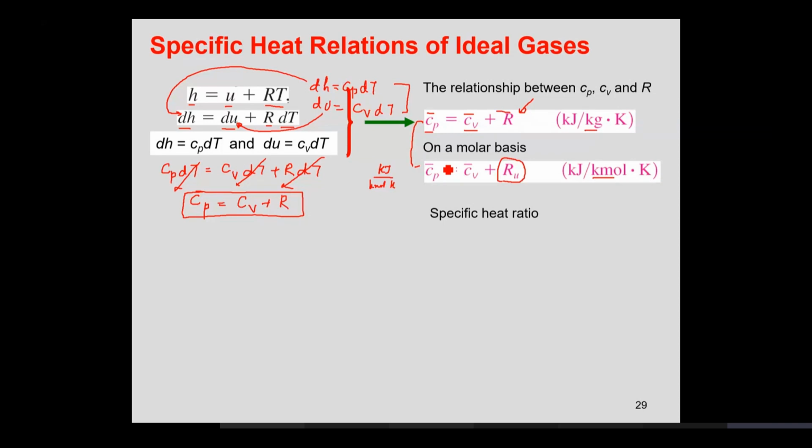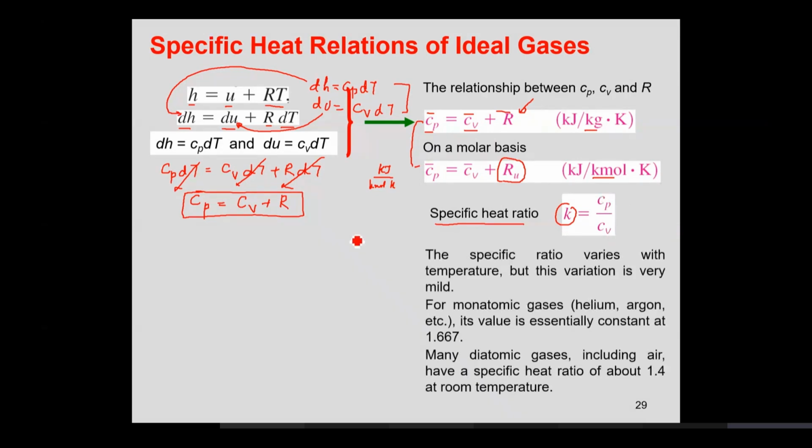Another thing is the specific heat ratio. The specific heat ratio is defined by the symbol k and it is the ratio of Cp over Cv. This ratio varies with temperature, but the variation is very little.